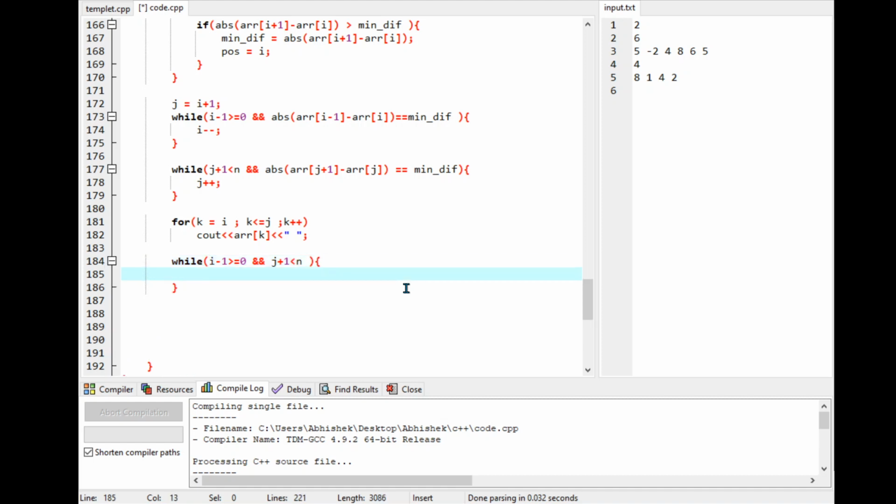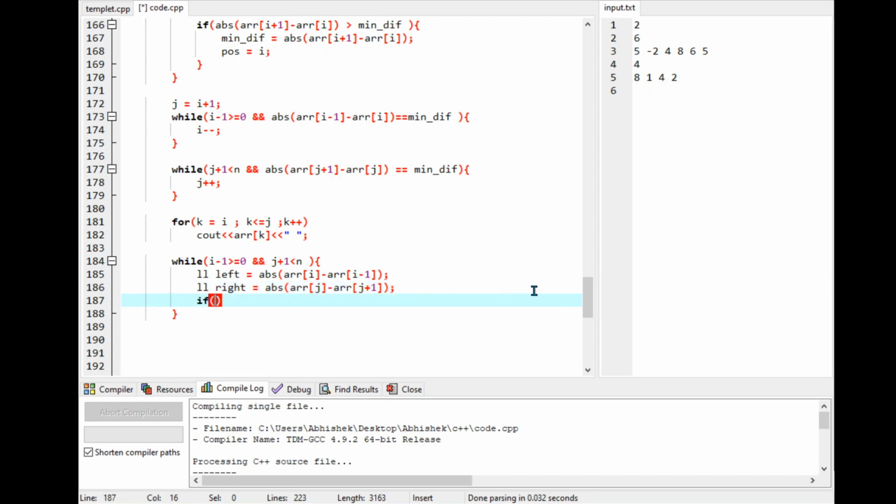So while we are between, let's take left difference as absolute of array of i minus array of i minus 1. Right is absolute of array of j minus array of j plus 1.